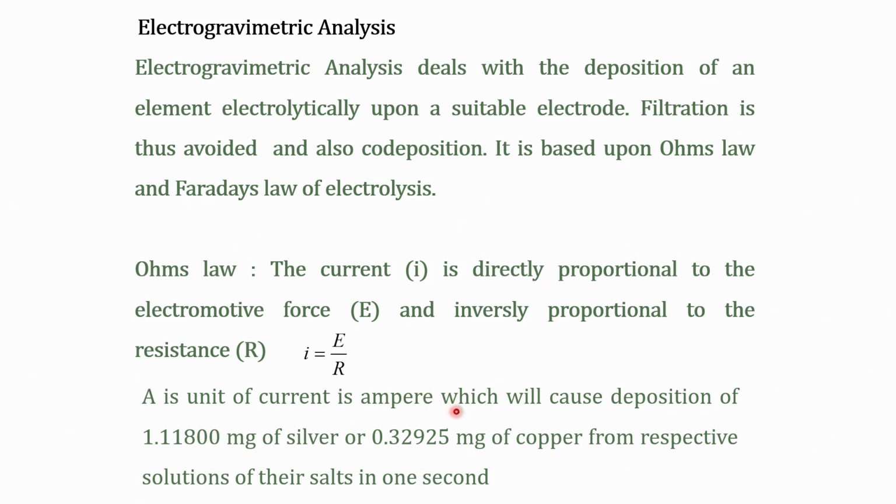So, 1 ampere of current will cause deposition of 1.11800 milligrams of silver or 0.32925 milligram of copper from respective solutions of their salts in 1 second. So, that is the definition of ampere. So, this is the unit for the current I.